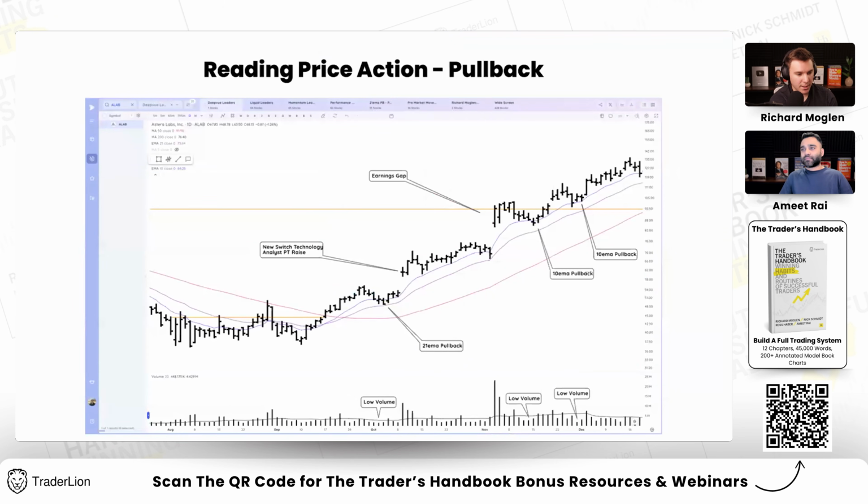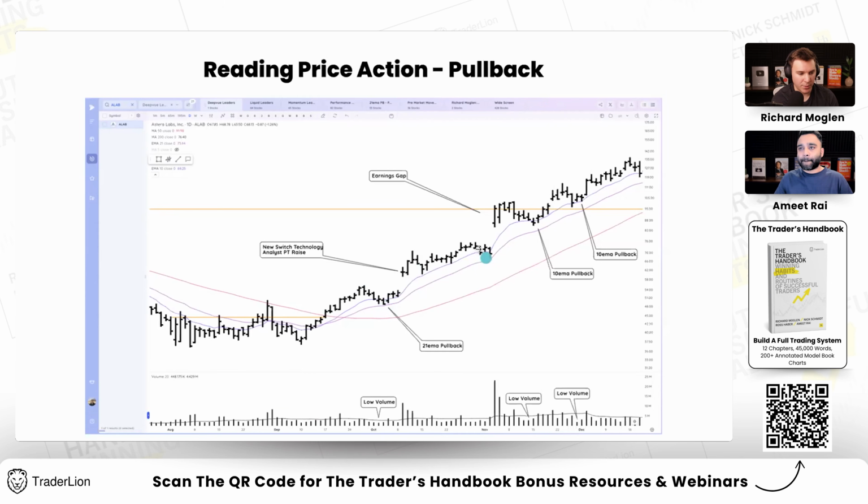All right. Next up, pullback. After the breakout, the additional buy point area is a pullback to a key moving average, a key level, ideally a confluence of levels as well. This is ALAB, one of my biggest winners from last year. Started noticing the increase in average volume, which is a hint at winning characteristics we'll talk about in just a minute. But then we've got pullbacks on low volume to the 21 EMA.